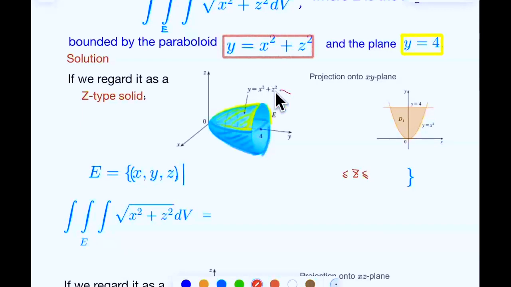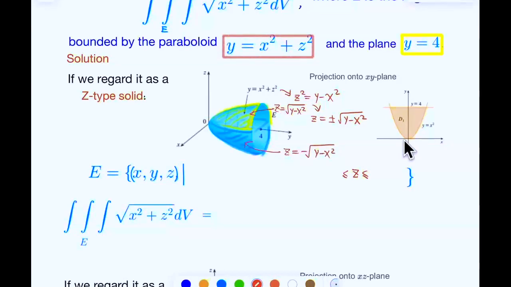Let's solve for z. So z squared is equal to y minus x squared. Take the square root. So z is equal to plus or minus square root of y minus x squared. Now the one above is going to be z equal to the positive square root of y minus x squared. This one below is going to be the negative square root of y minus x squared.